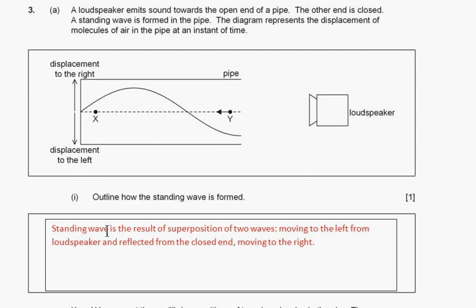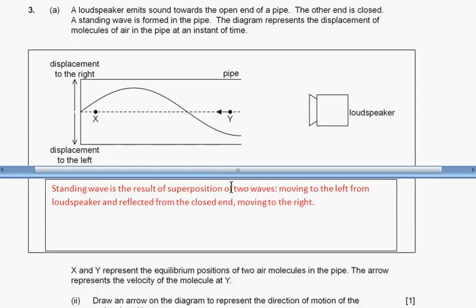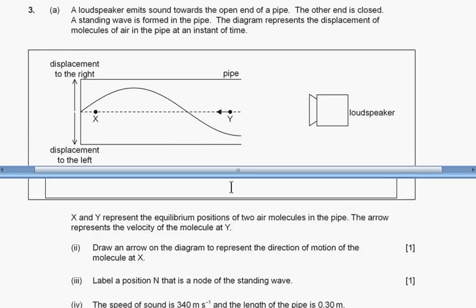So the standing wave here is the result of superposition of two waves: one moving from the left from the loudspeaker and another reflected from the closed end moving to the right. So they move towards each other.